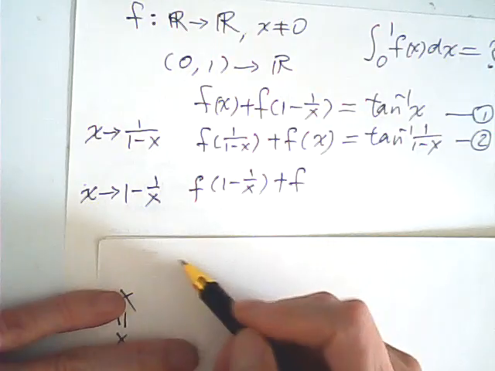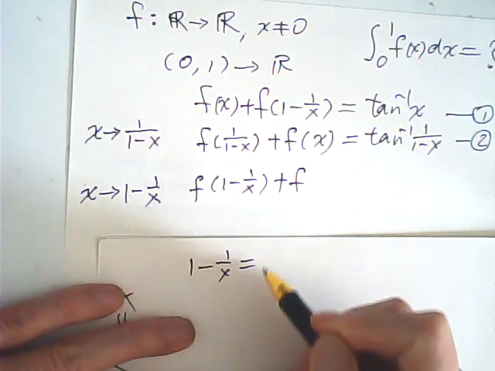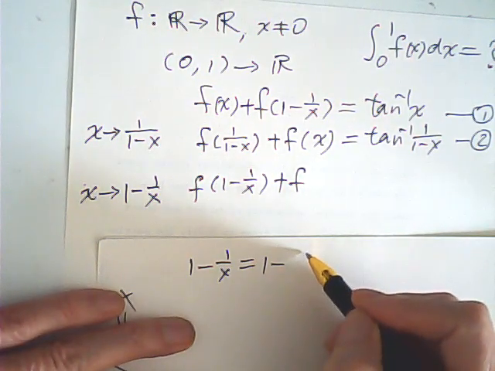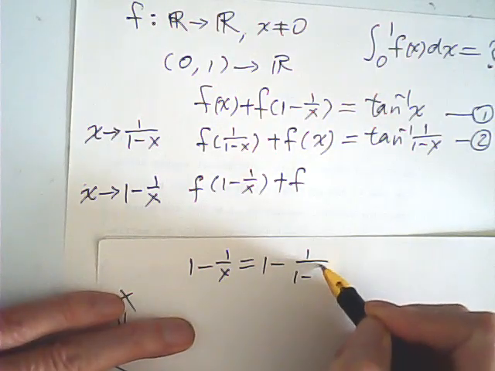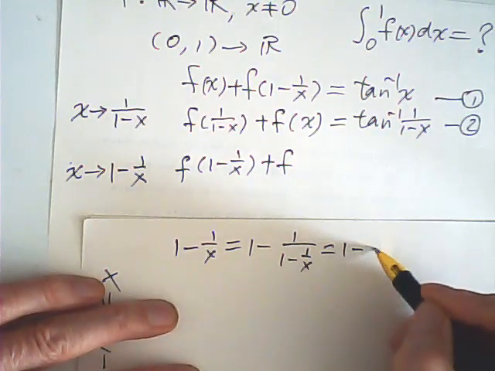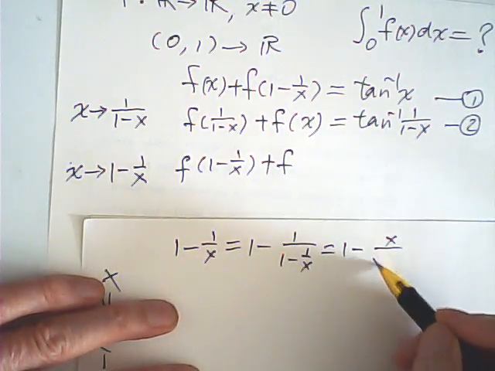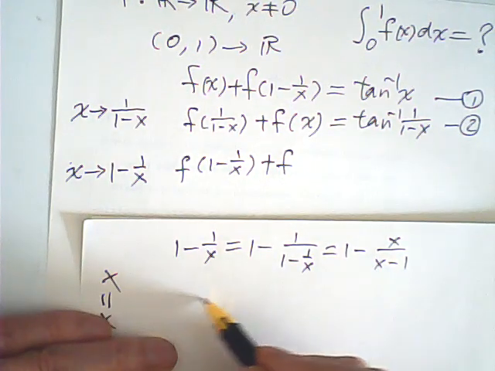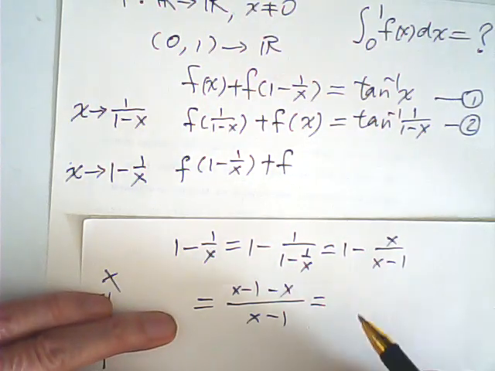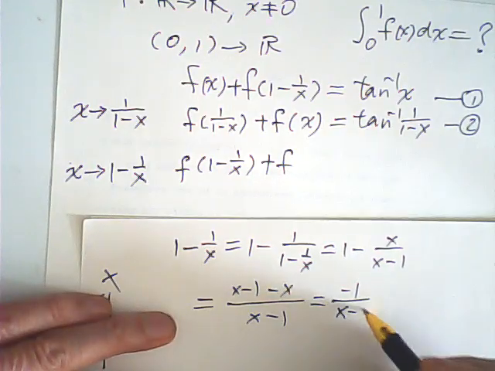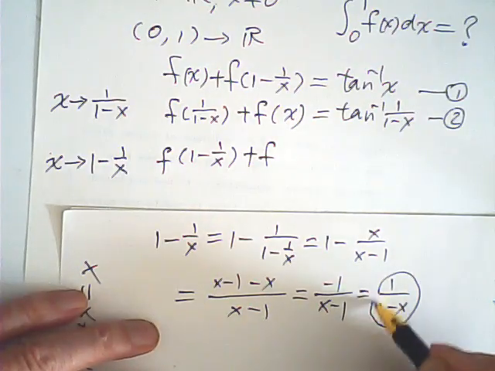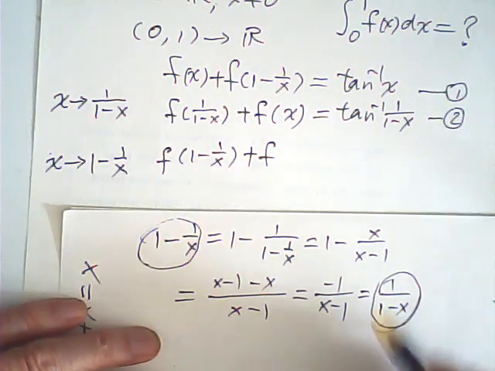Now I replace x by this. So this is 1 minus 1 over 1 minus 1 over x. So this one is equal to x minus 1 over x minus 1 minus x, which is equal to minus 1 over x minus 1, which is equal to 1 over 1 minus x. So this becomes that.